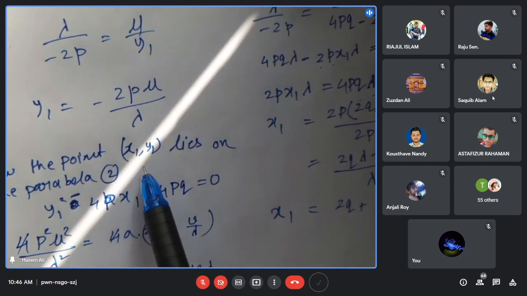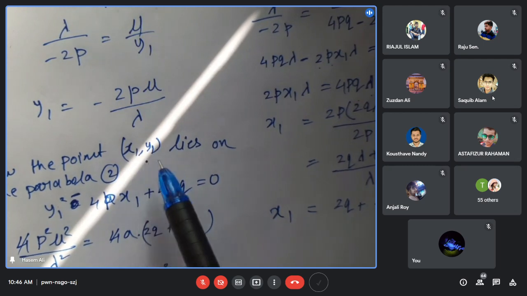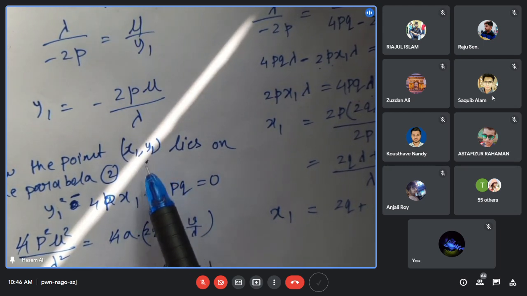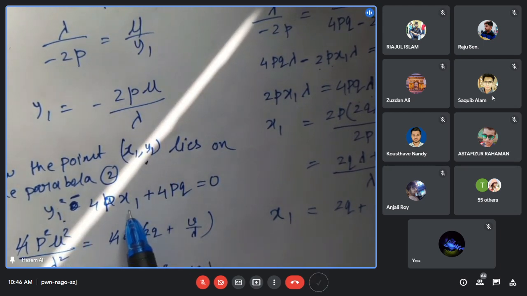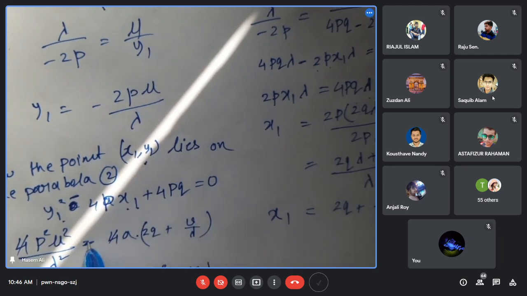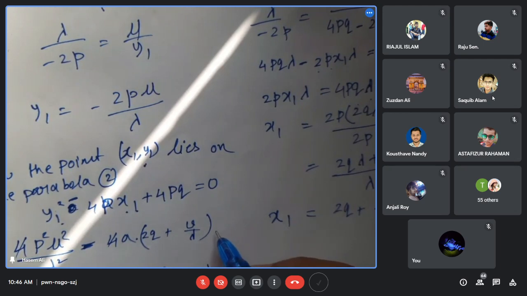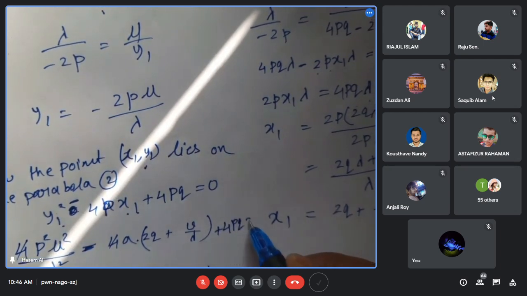Since the point x1 y1 lies on the parabola, just put x1 y1 in the curve equation 2. So it will be y1 square minus 4p x1 plus 4pq equals to 0.